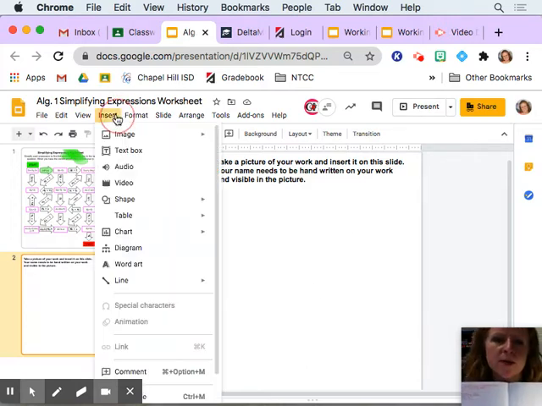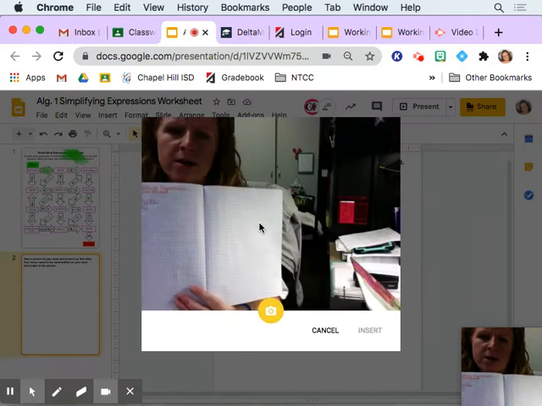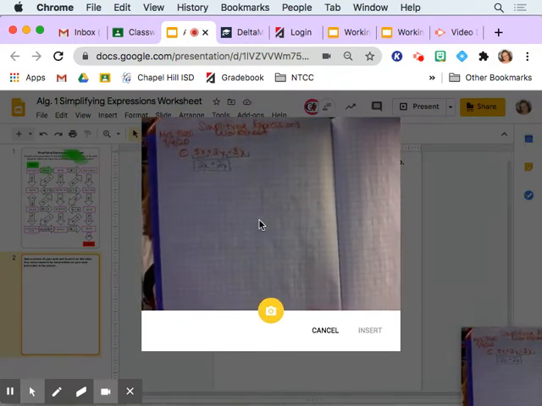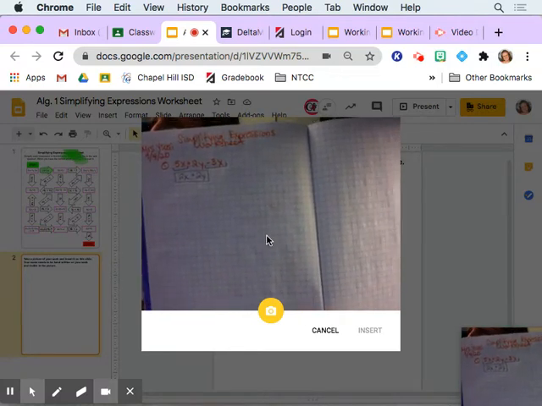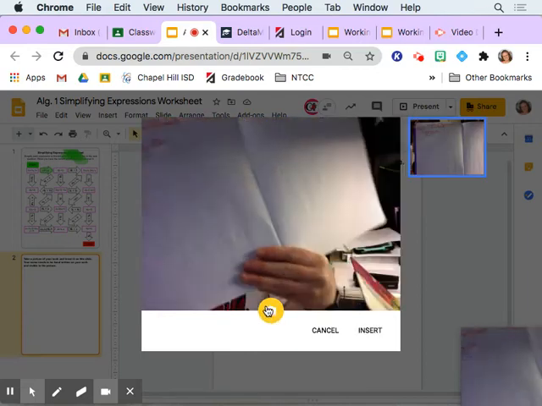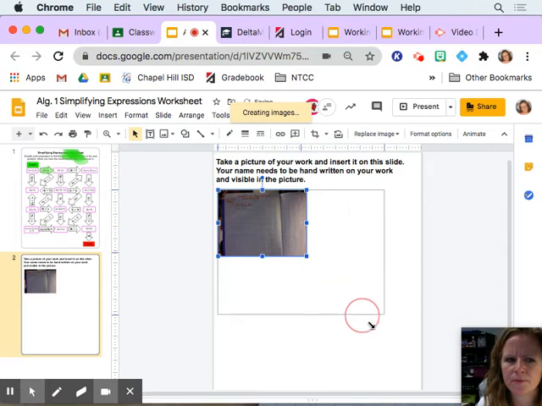So remember how we do it? We go to Insert, Image, Camera, and then you're going to hold it up. And make sure you can see it pretty well. So whenever I insert it, be like that.